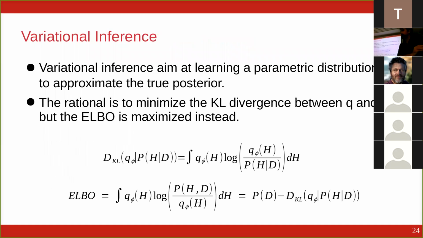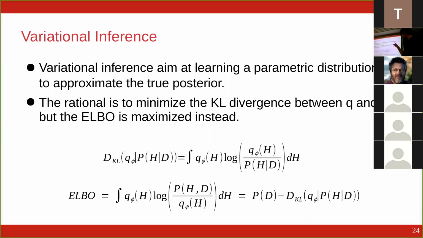So instead, most of the time, what you want to do is use variational inference, where you try to approximate the posterior with a distribution Q that is much, much easier to sample than the true posterior. And what you do next is minimize the Kullback-Leibler divergence between Q and the true posterior.